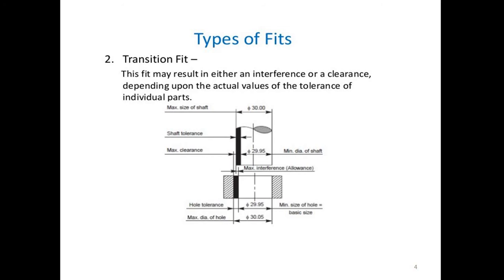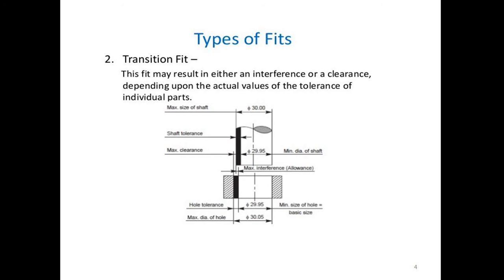In this case, a diagram is given for the shaft as well as for the hole, and the shaded portion shows the shaft tolerance as well as the hole tolerance.